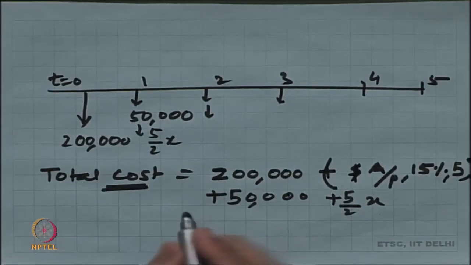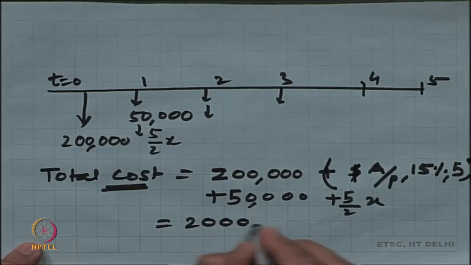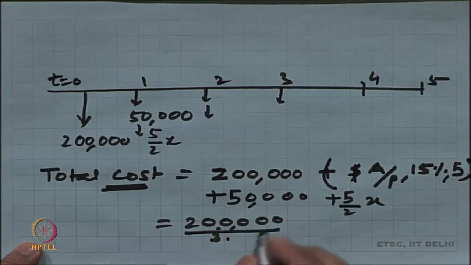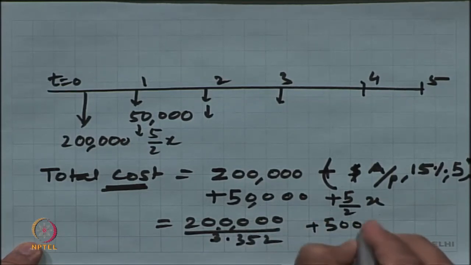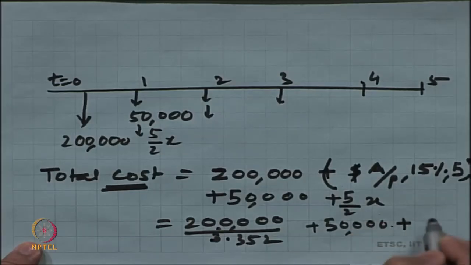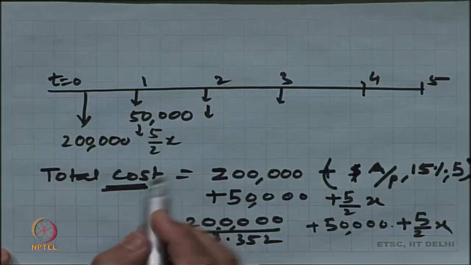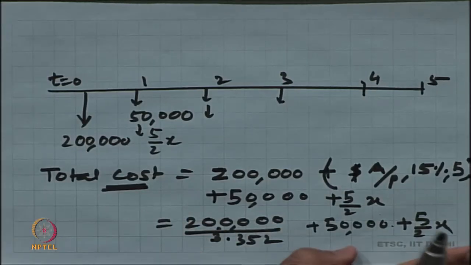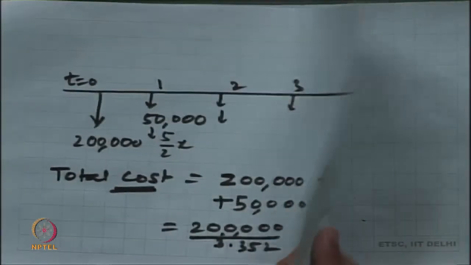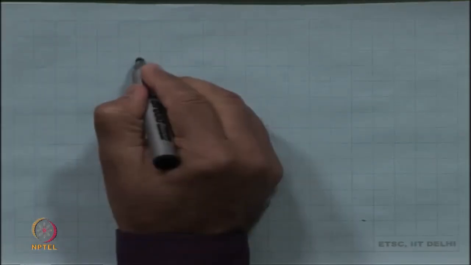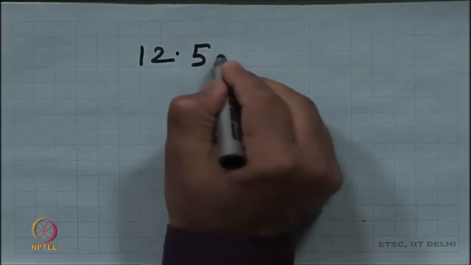When I solve this, the expression is 200,000 divided by 3.352, plus 50,000, plus 5 by 2x. So, this is the cost corresponding to the buying option. If I am getting it from another place, I get it at a rate of 12.5x.